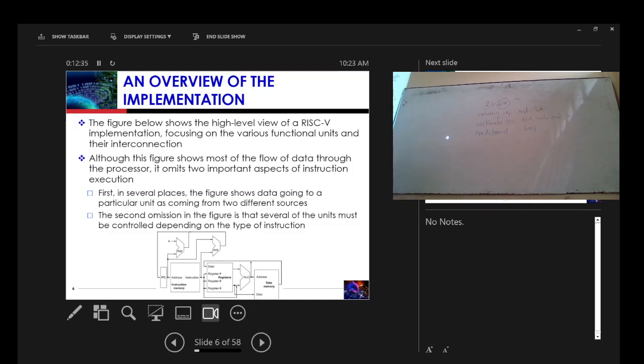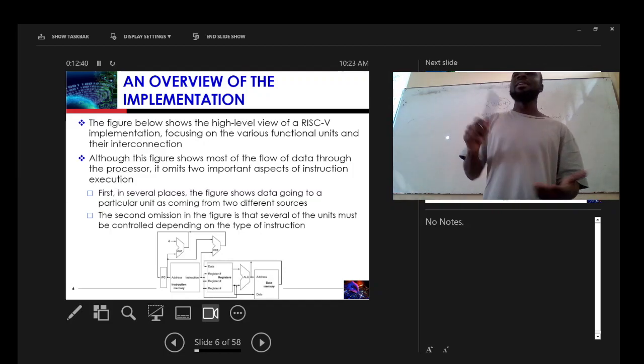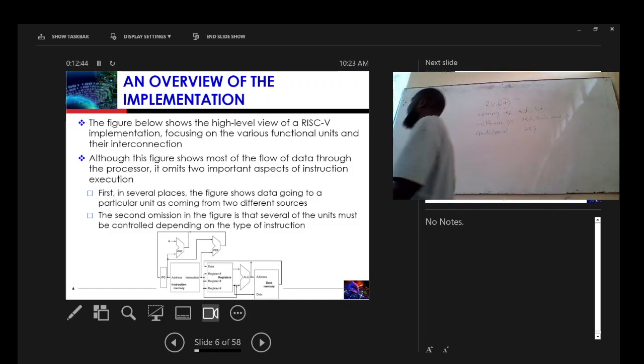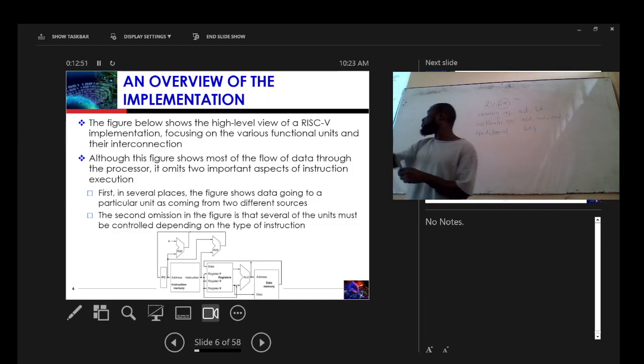If you actually design a thing like this, there will be contention, because there is information flowing from one end to another. So which one will actually go here?